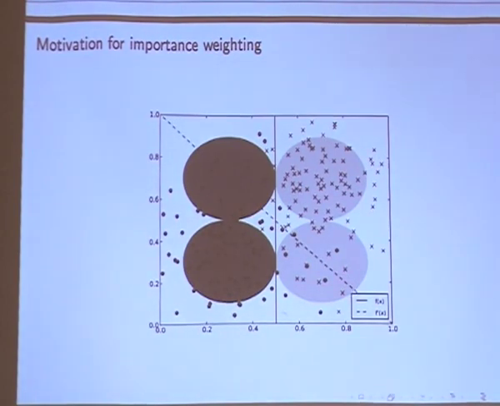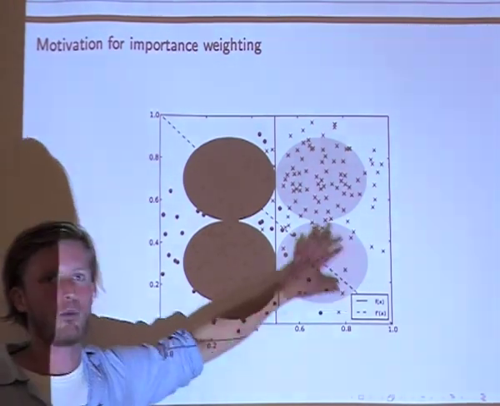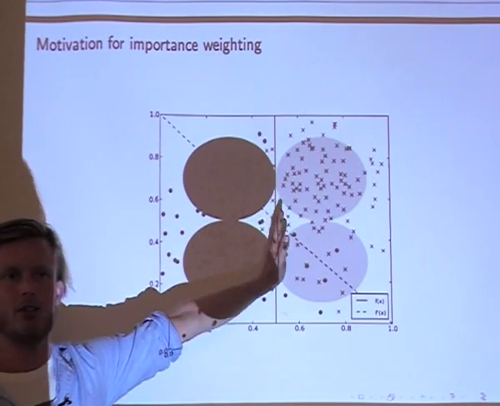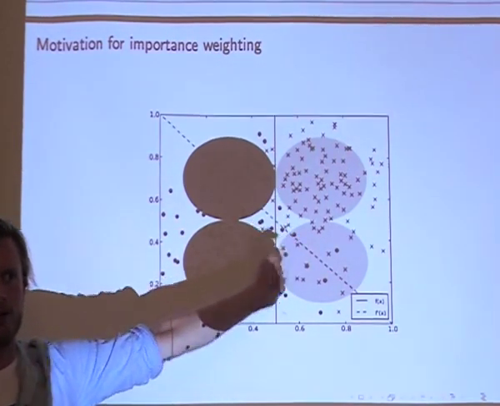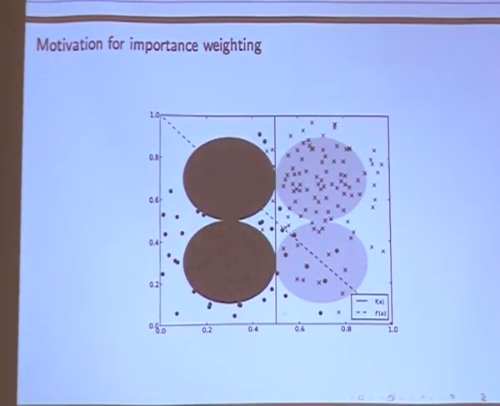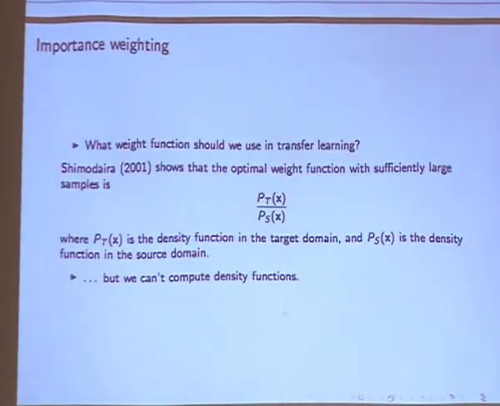And if we have the perfect weighting, we would end up with a perfect decision boundary, right? Because we're correcting the sample bias by the weighting. And that's going to be the fundamental intuition here, that we can somehow use a weighting over the data to correct for the sample bias or the distribution bias in the labeled data that we have.